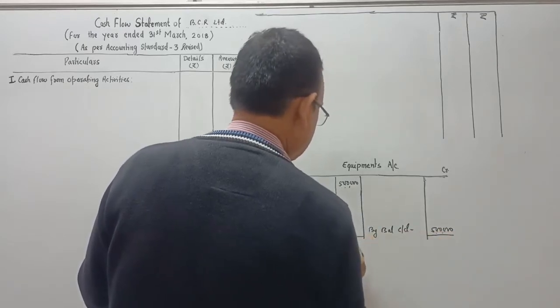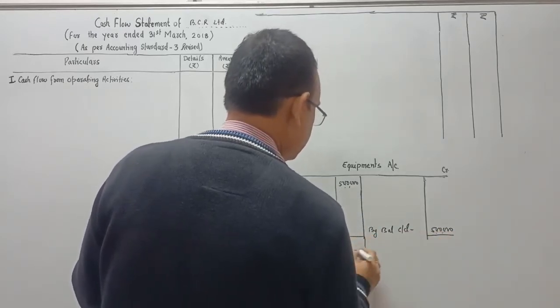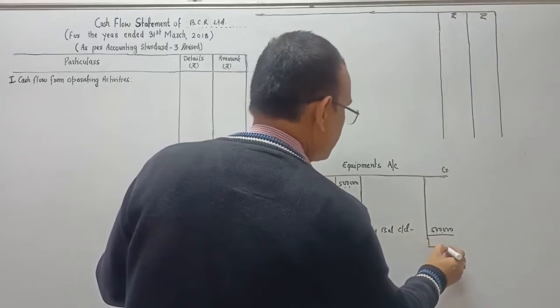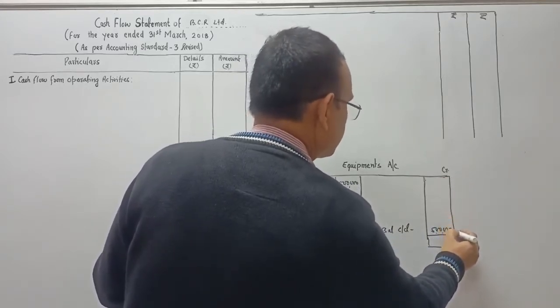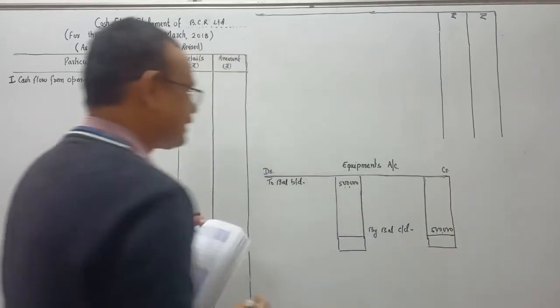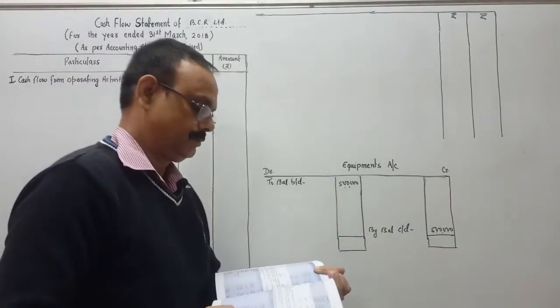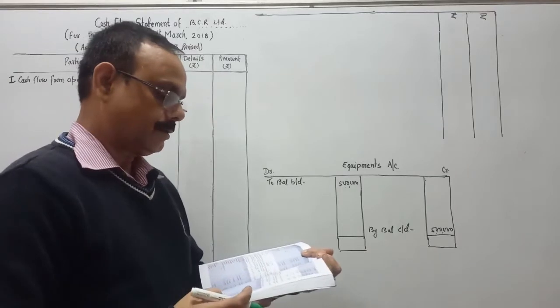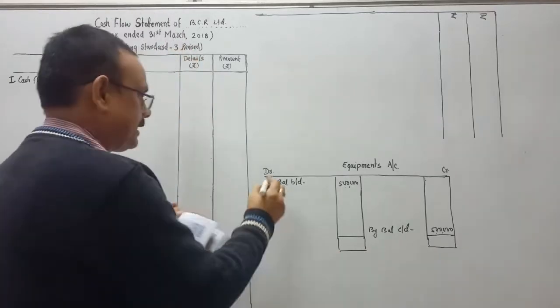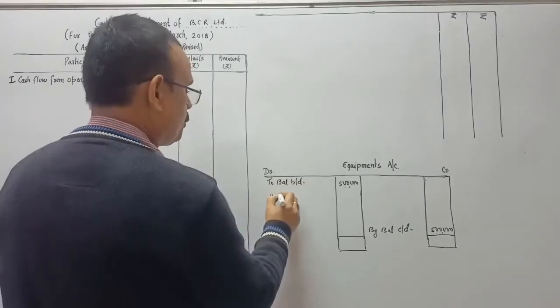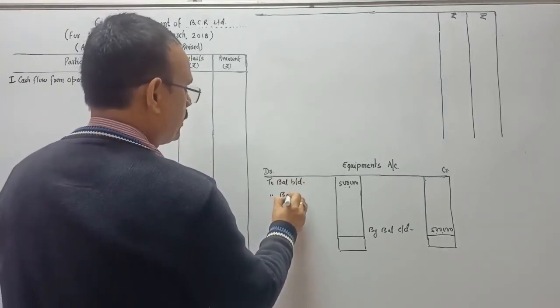And thereafter we will read the additional information. You refer the additional information number 2. During the year, equipment costing rupees 1 lakh was purchased. So when we purchase the equipment, equipment account is debited to bank account.